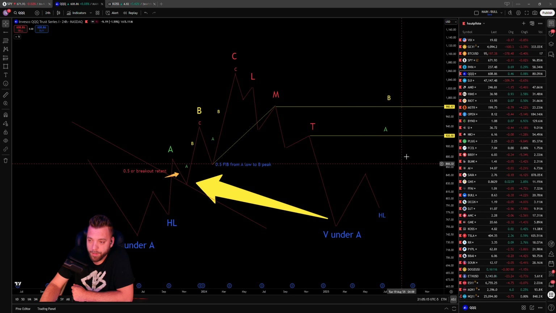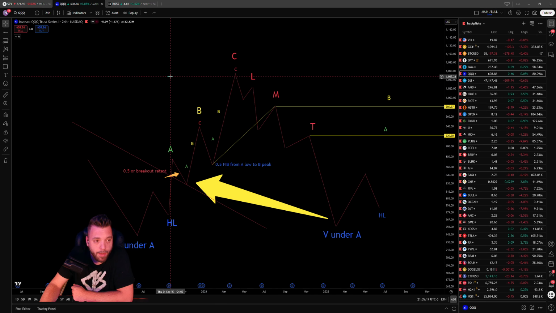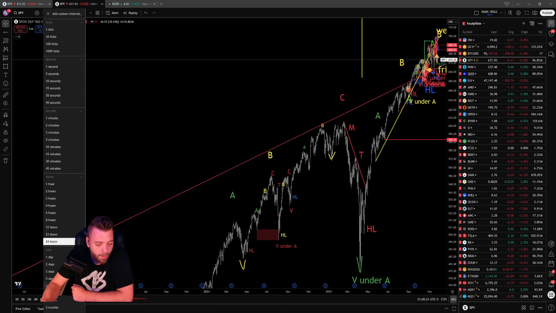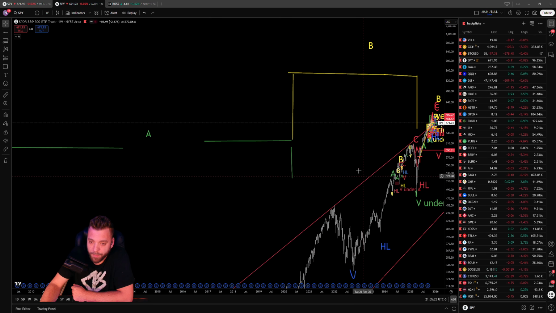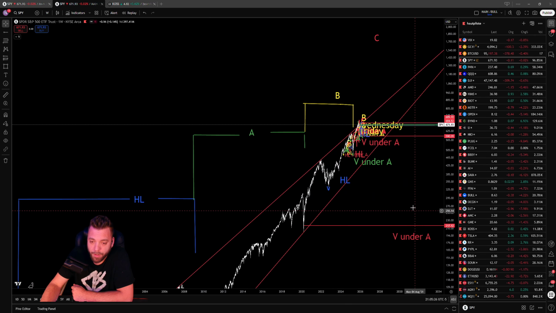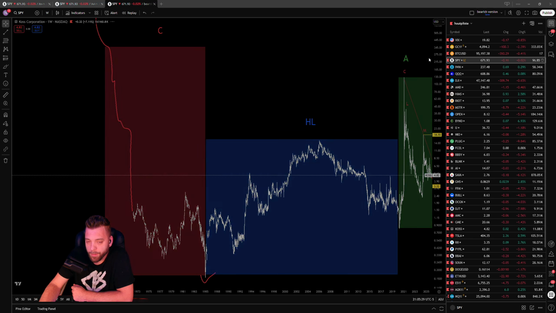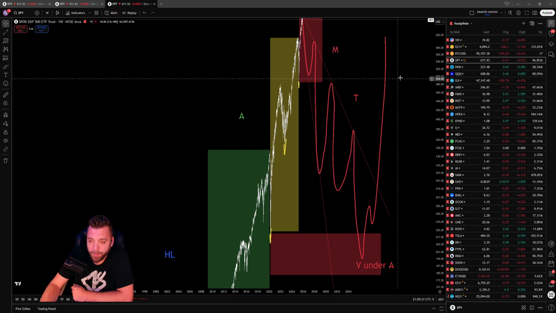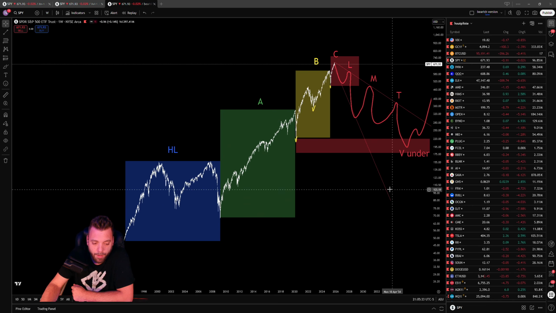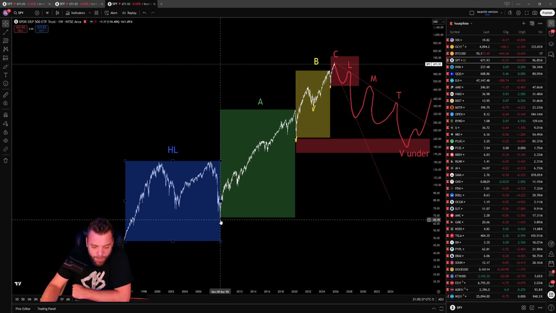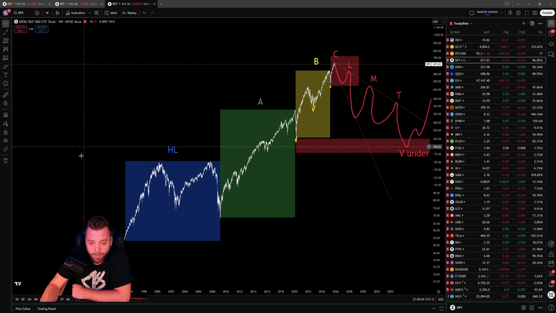Okay, so for this, let's start with SPY. For the overview, we take the big one. Here, the big one. For the overview, since IPO till 2009, this was just your higher low.